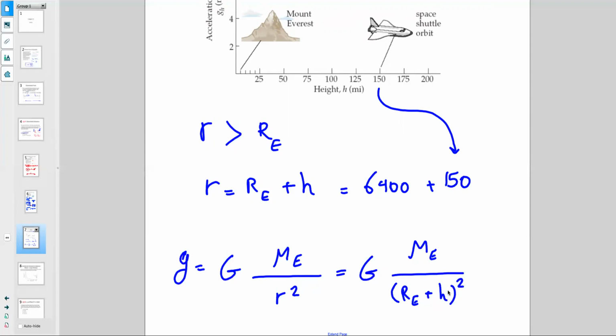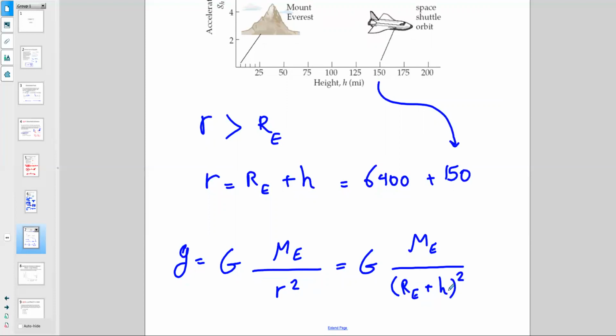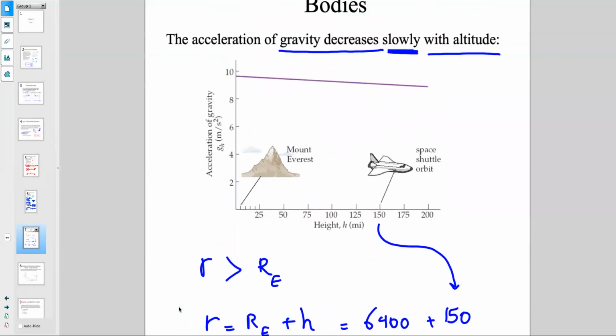If you're pretty close to the surface, then this h is obviously 0, and you get g of 9.81. But if you're really, really high, you can get a different value for g. Within 200 kilometers away from the surface of the Earth, the value for g should be pretty constant. It does not change that much.